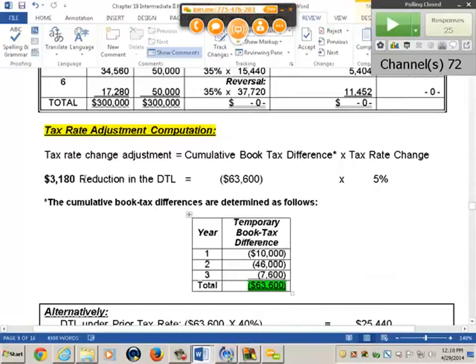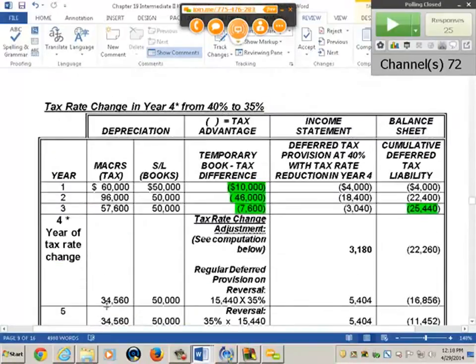And let me just show you on the screen, the current number, 63.6 multiplied by 40% gives you the 25,440 as your liability. It's overstated. It should be 63.6 multiplied by 35%.